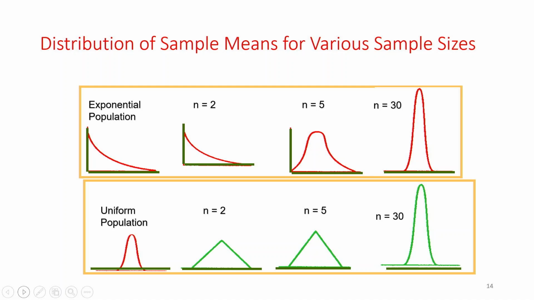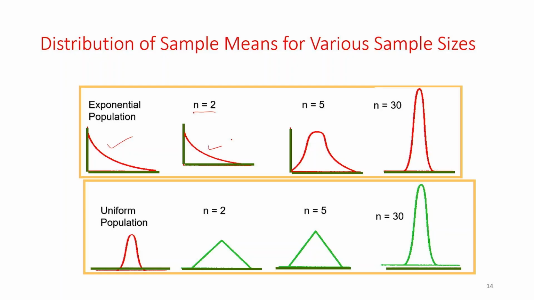Now, suppose the original population distribution is exponential, shown here. And if we take samples of size 2 and then find out the means, and the means we plot, it looks like this.